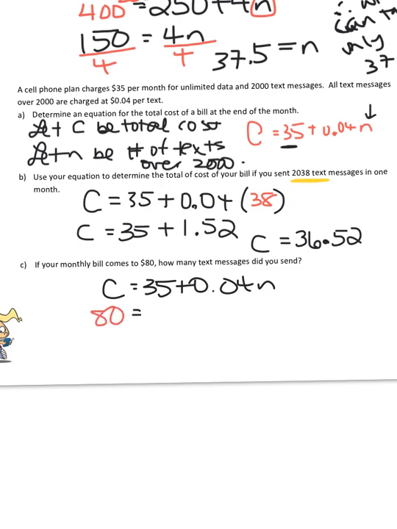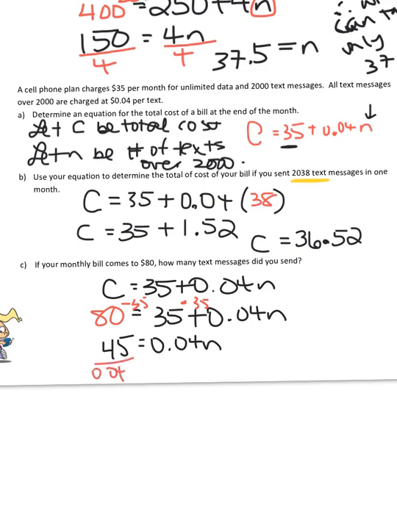And we're going to solve for the n so we can figure out how many text messages were sent for me to pay $80. So just like before, we'll subtract the 35 on both sides. So we have 80 minus 35. Okay, that will give me my 45. We're left with 0.04 times n.